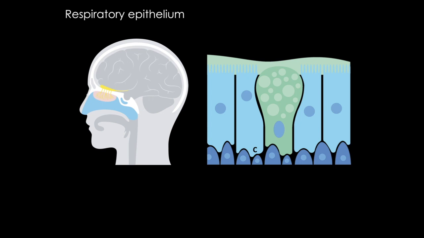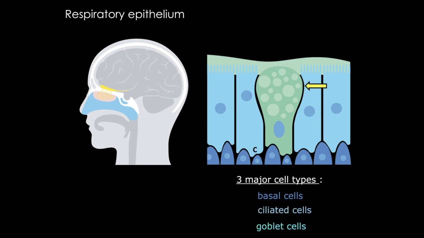So hopefully you'll recall that respiratory epithelium, or pseudostratified ciliated columnar epithelium, has three major cell types. And again, this epithelium covers most of the nasal cavity and lines the paranasal sinuses. So first we have our basal cells that form the deepest layer next to the lamina propria, our ciliated cells, and goblet cells.